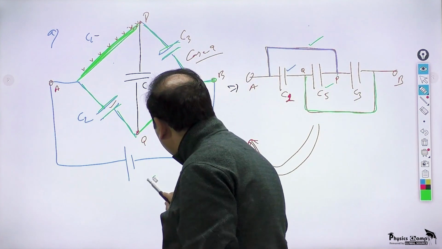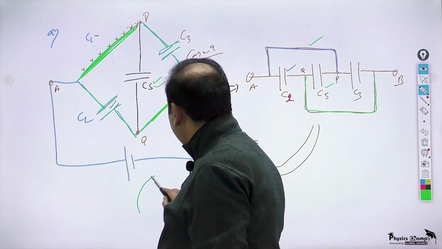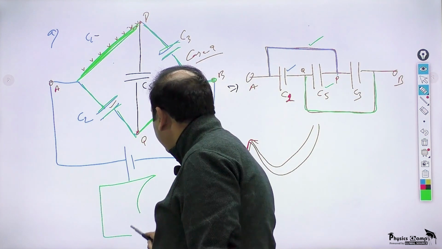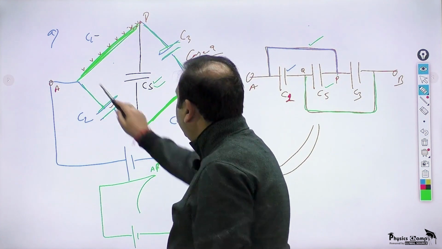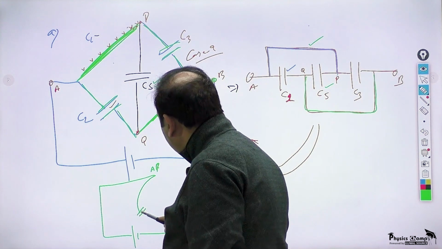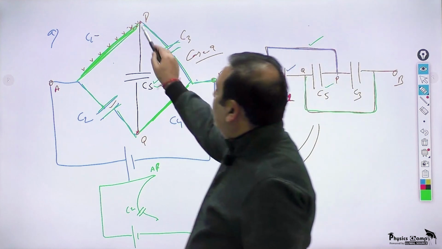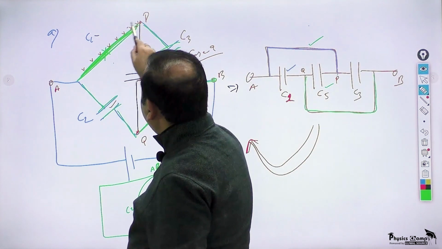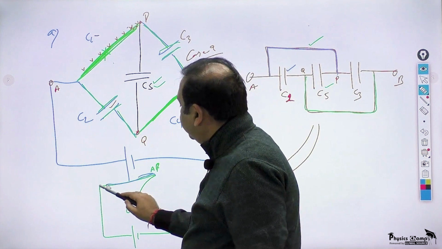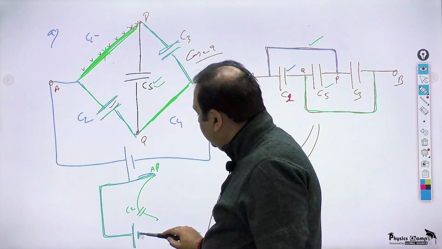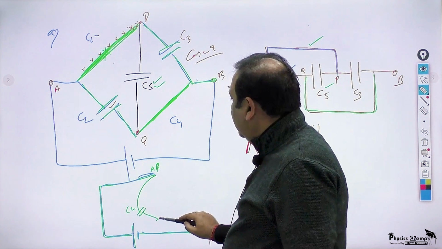A and P, they are connected, and you are left with C2 here. This wire was removed and A was joined to P. So A and P are connected, and then only C2 is existing here, and this is Q here.